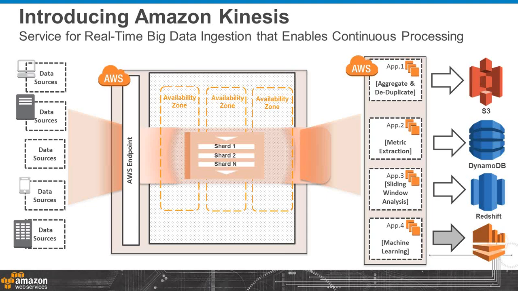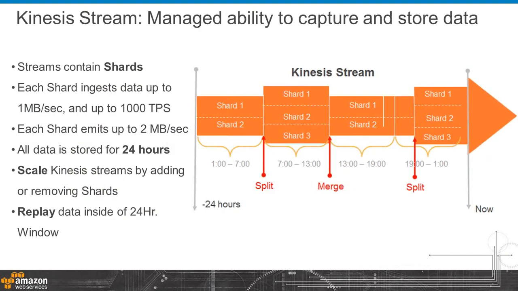And we will now get into specific details of what it means to have a stream, how we put data, and how we read data from Kinesis and build applications. The foundational concept in Kinesis is one of a stream. And a stream is a named entity that a customer controls, which provides them with the ability to capture and store data.